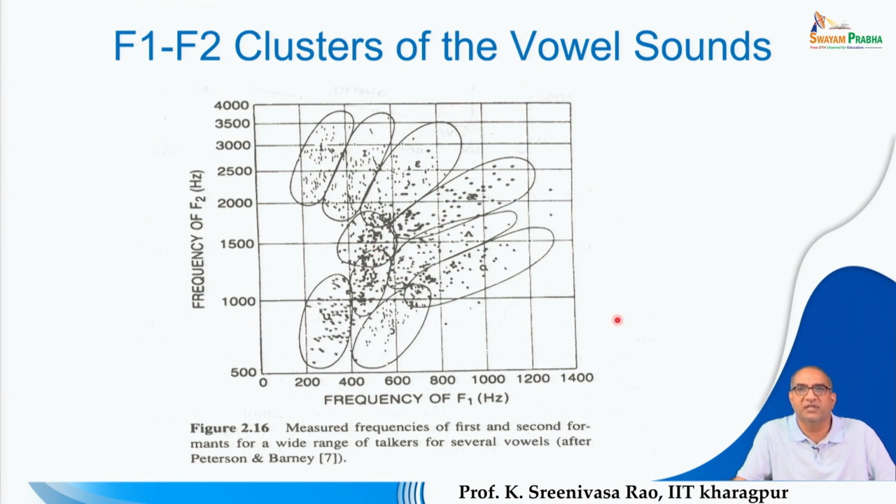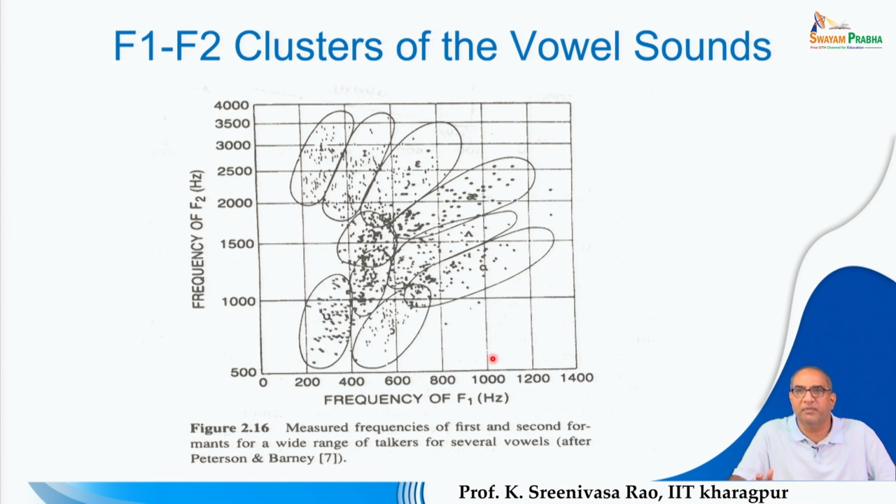So, from this plot the observation is that for the vowel sounds, if you plot the F1, F2 values across the speakers, you see a spread in the values of F1, F2. That's where the difficulty lies in identifying the vowels from the speech signals by a machine using these formant frequencies.